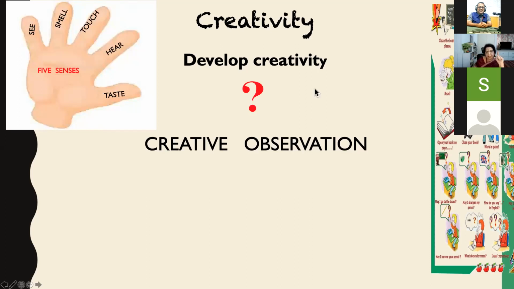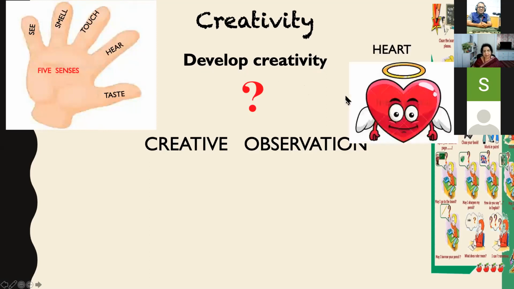So the first thing that they need to observe, the very factual thing, is the five senses. They allow their five senses to observe something. They have to see, they have to smell, they have to touch, they have to hear, they have to taste. These are the five senses. They must make these five senses come alive. Along with that, now let their heart come alive, their feelings.